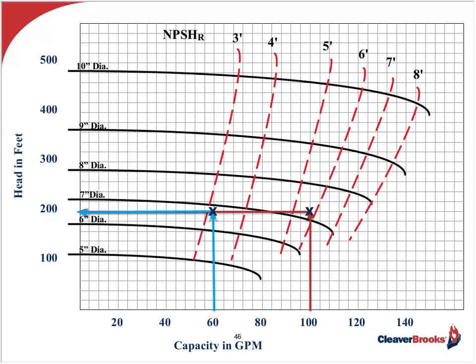As you can see, we went from 60 gallons per minute, the blue arrow, to 100 gallons per minute, which is the red arrow, with the same TDH requirement of 200 feet. Look what happened to my NPSH requirement on the pump. At 60 GPM, I was at about 3 feet, but at the greater flow rate of 100 GPM, I doubled to 6 feet. Think this doesn't happen?